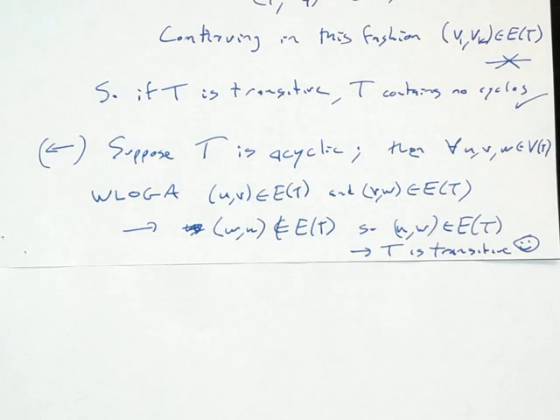Transitive tournaments have lots of really nice properties. Every vertex has a different out degree. They contain no cycles. Wait a minute. Somewhere in that transitive tournament, there's a vertex whose out degree is n-1. We beat everybody. The directed distance from that vertex to anywhere in the graph is 1.